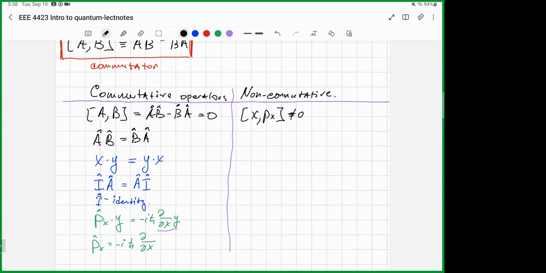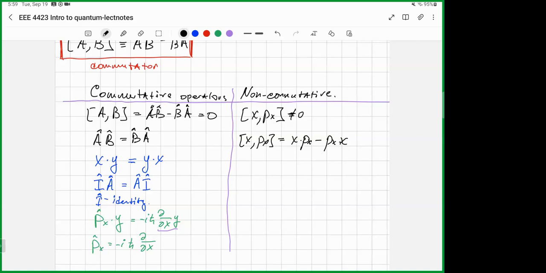Maybe let's discuss this here again. So this commutator of x and px is x times px minus px times x.